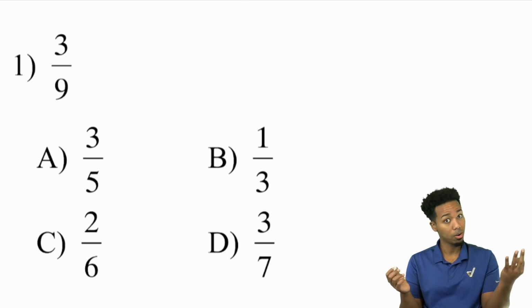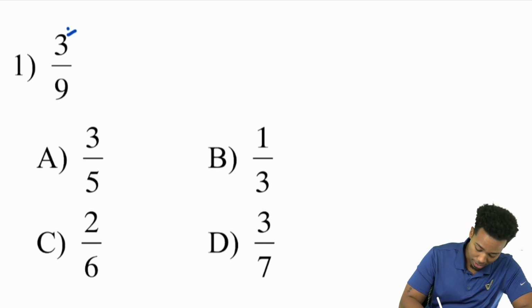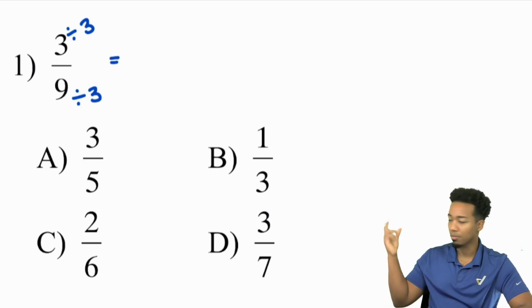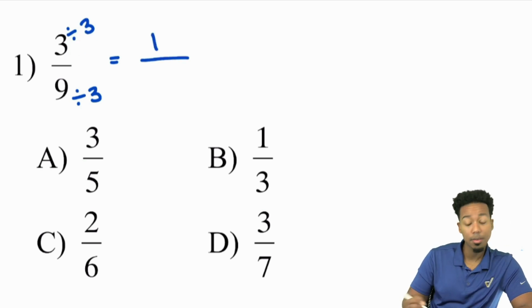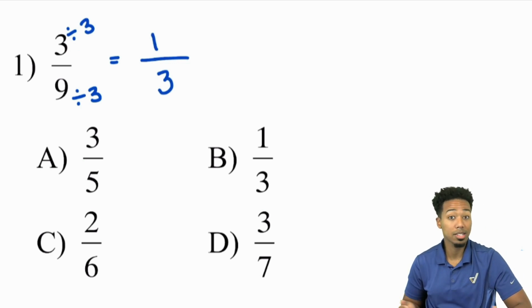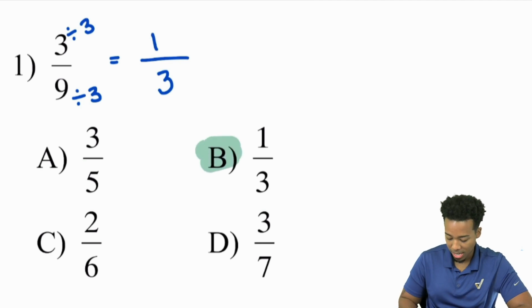They absolutely are. So if I divide the top by 3 and the bottom by 3, I will simplify this fraction. 3 divided by 3 is 1, and 9 divided by 3 is 3. So 3 over 9 is the same thing as 1/3, and that's why B is going to be the answer here.